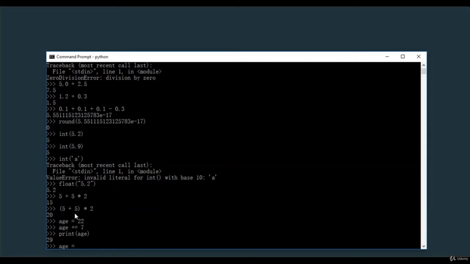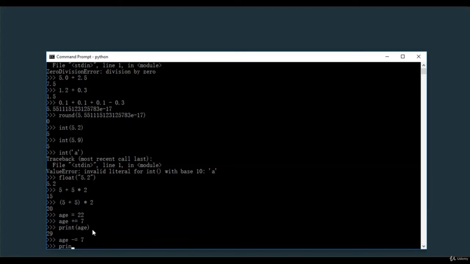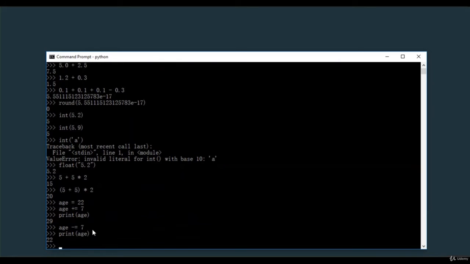Age plus 7. This is somehow the formula of that operation. Or age minus equals 7. Print. Yes, that's 22. Age equals age minus 7. That's the formula. We can do the same for divisions and multiplications too.